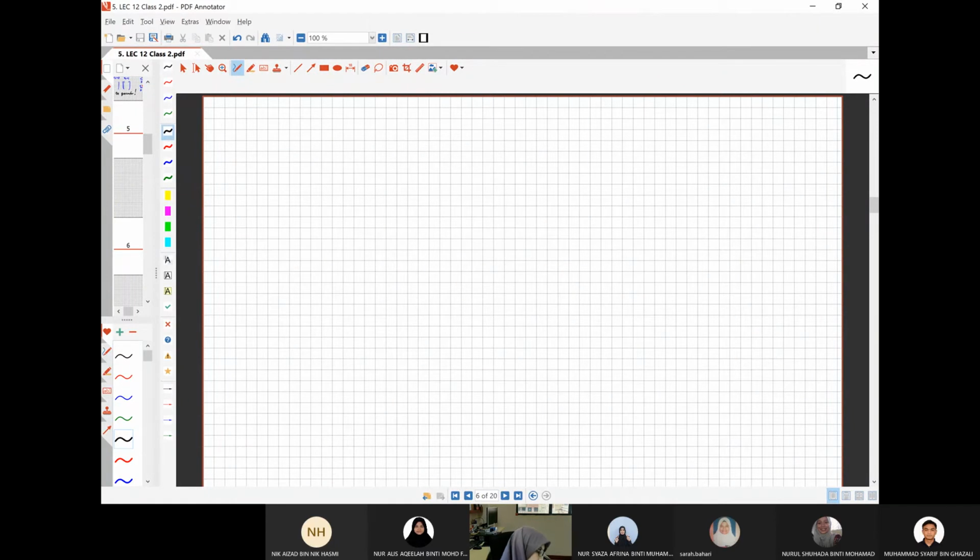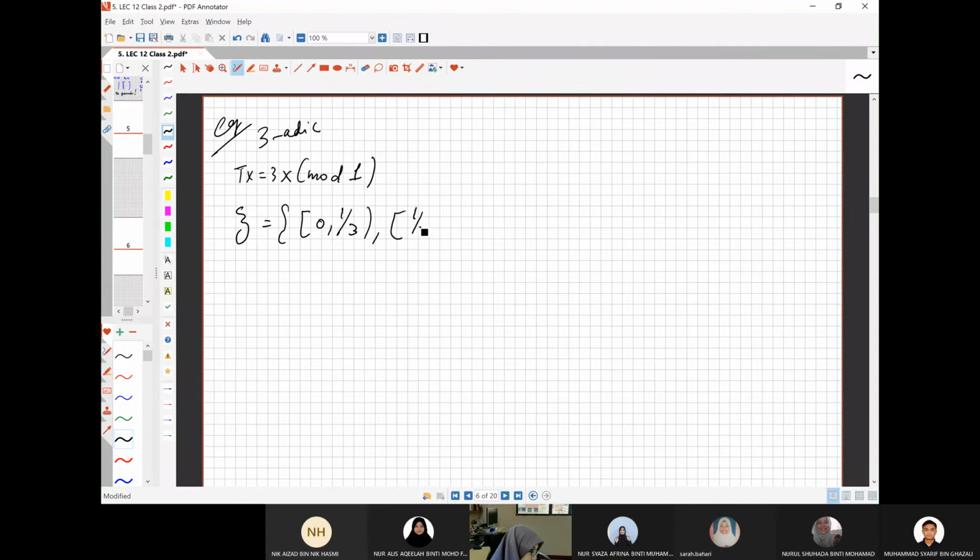Another example. Let's try to check to do for triadic. So triadic Tx is 3x mod 1. Okay. So I have psi is given by this element. So A, because 3x, I divide into 3 partitions, 3 elements. 1/3 to 2/3 and 2/3 to 1. Okay.